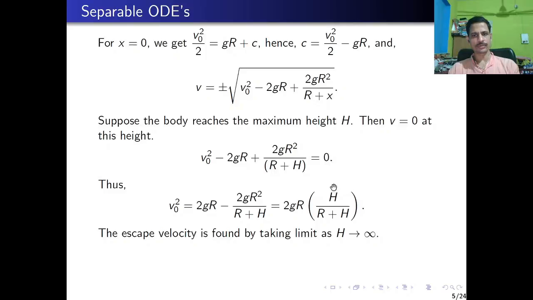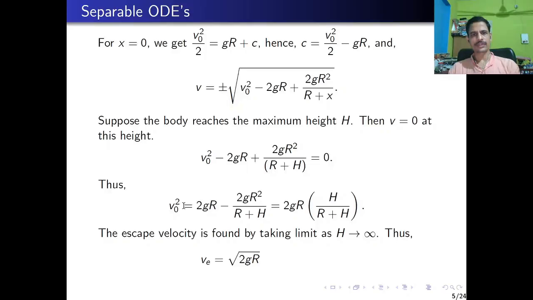So this whole thing in the bracket after taking the limit will be 1. So what we get is the initial velocity v0 square should be equal to 2gr for it to be escape velocity. So for any velocity above this quantity, the projectile will escape the Earth's gravity and go into space.